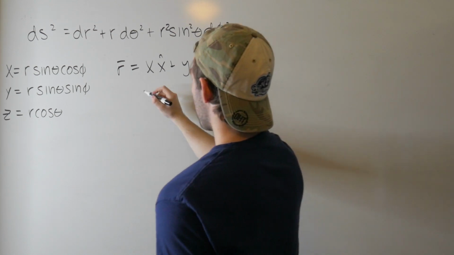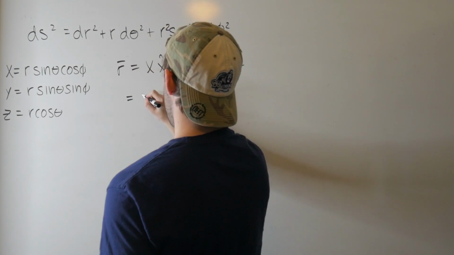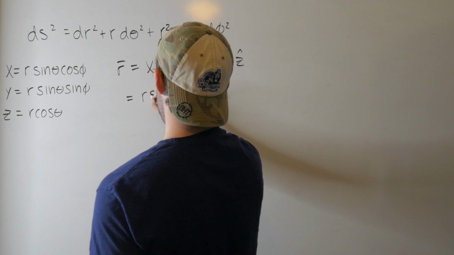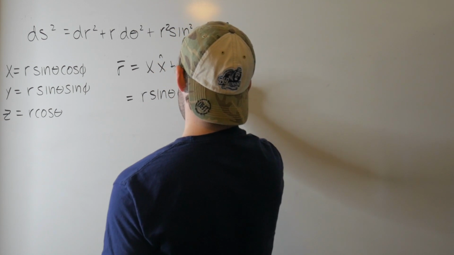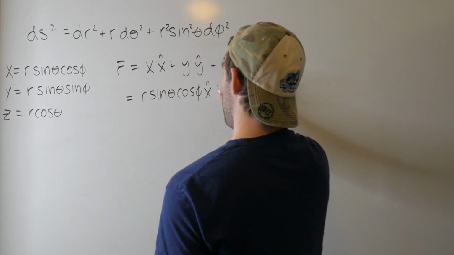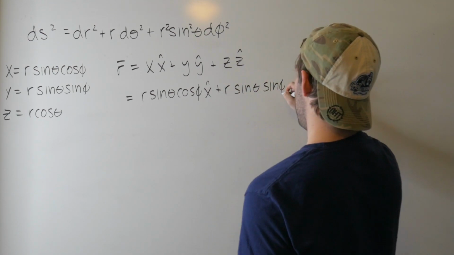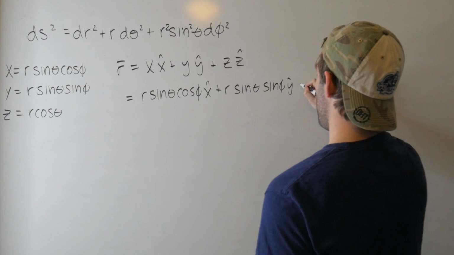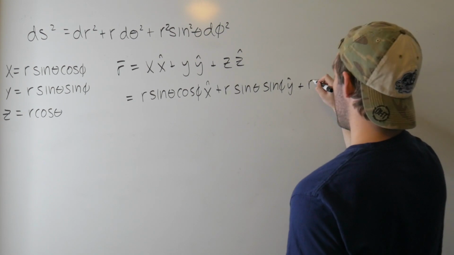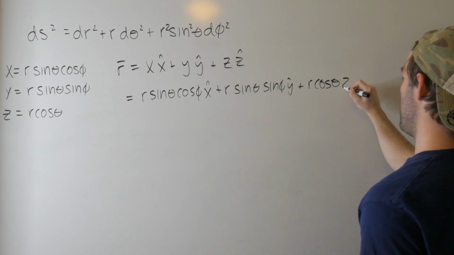So in spherical coordinates, this is equal to r sine theta cosine phi x hat plus r sine theta sine phi y hat plus r cosine theta z hat.